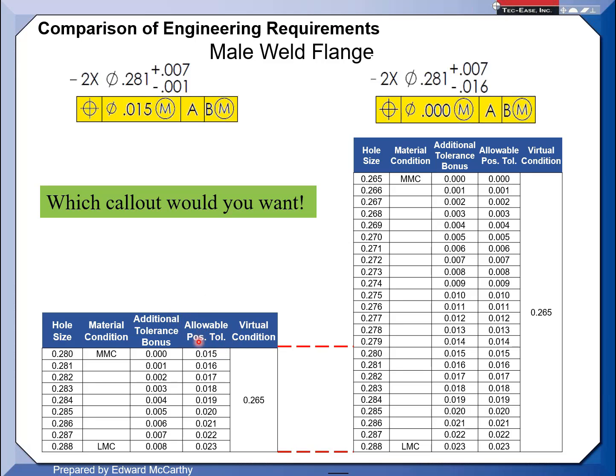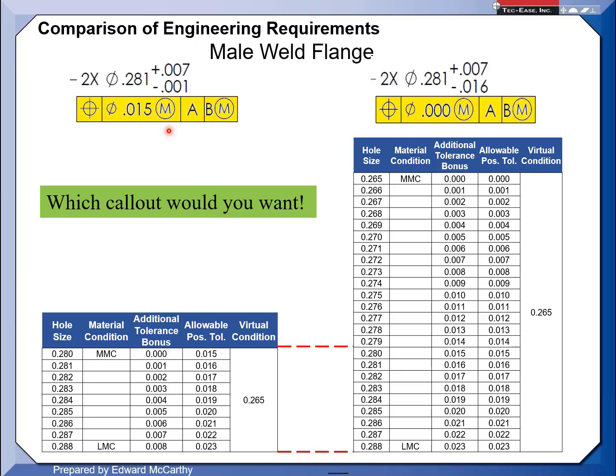So we're saying the allowable positional tolerance. In this case, this is going to be based on taking what we are given. If I'm looking at this one here, we're automatically allowed, if the feature comes in at its MMC size, the 15,000, that's its allowable position that's stated in the feature control frame.